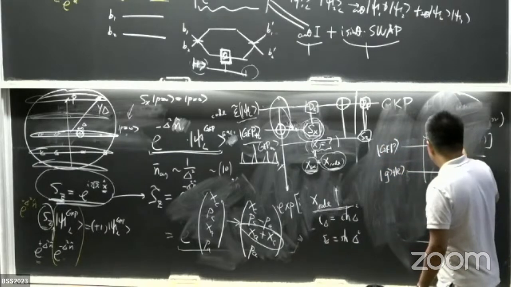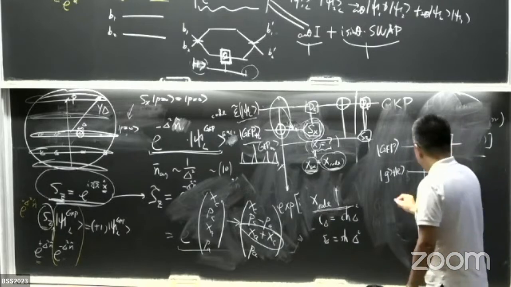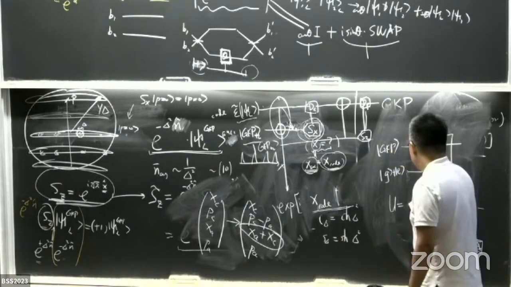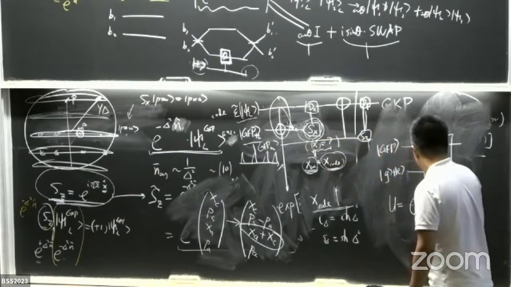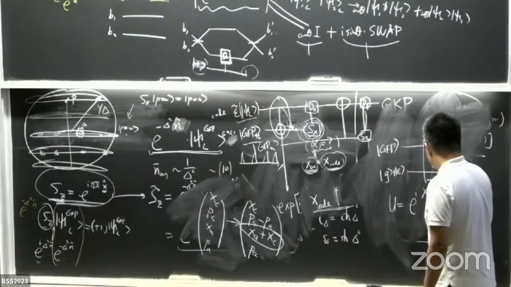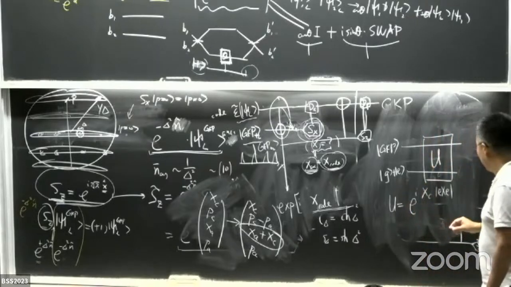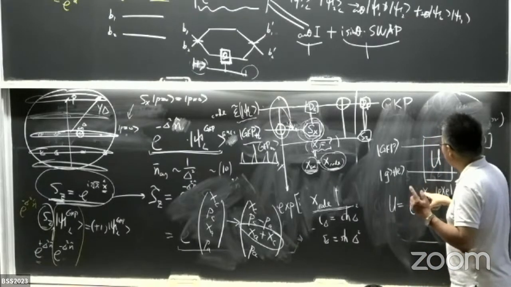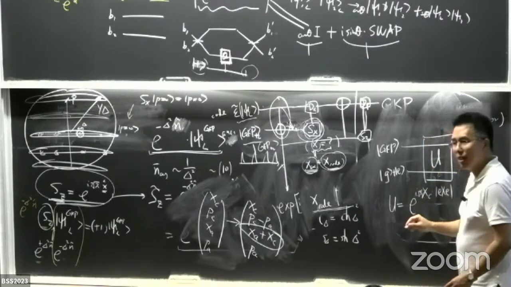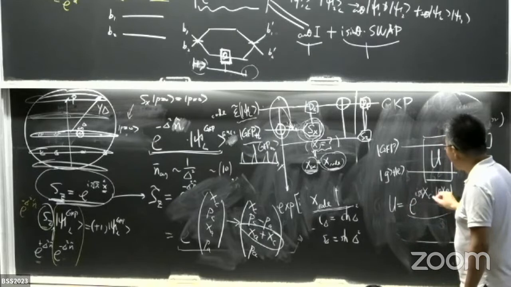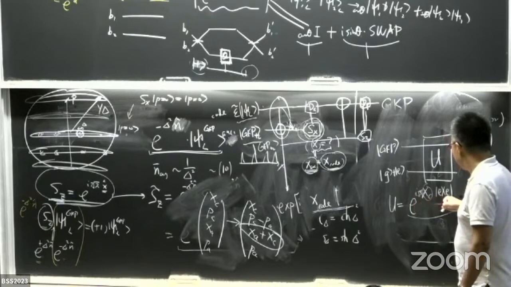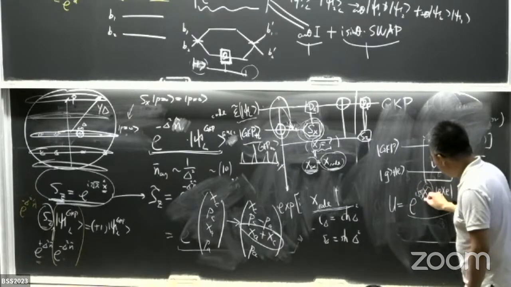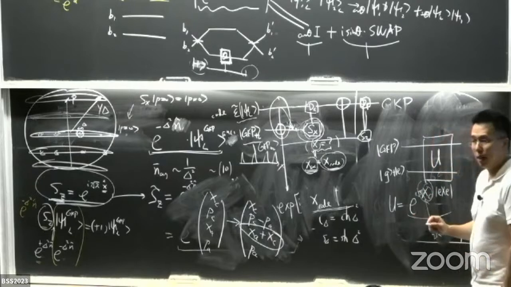I let them evolve under a Hamiltonian, and that unitary will give me e to the i, and let's say I want to measure the partition operator for the code with a kind of excited state e. And now this has a square root of pi, so I multiply this with the square root of pi for that. So what happens is that if the code word is in the lattice, then that multiplied by the square root of pi, this quantity will become the trivial one, which is 2 pi.